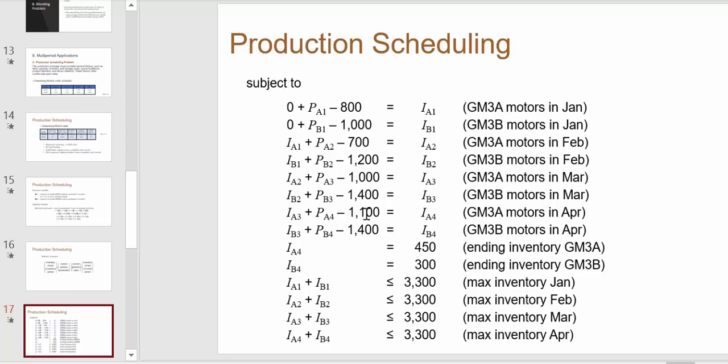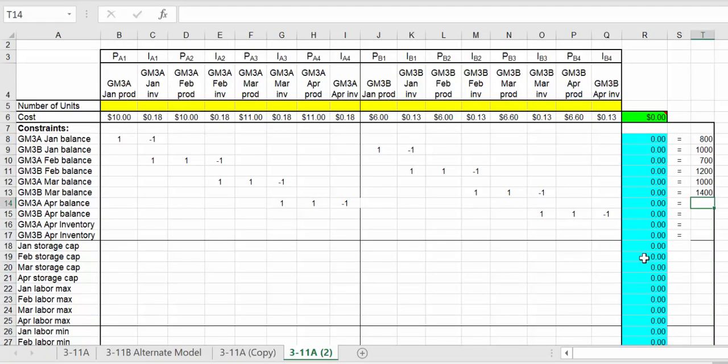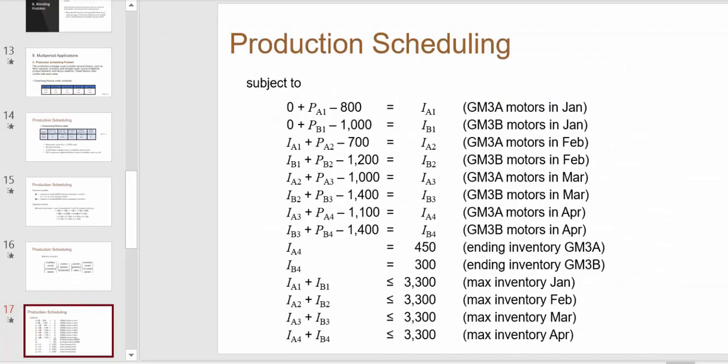Again, it was 1,100 for motor A and 1,400 for motor B. Okay, so we'll just check. So 800, 1,000, 700, 1,200, 1,000, 1,400, 1,100, and 1,400. We can just check. Okay, it looks like it's checking.